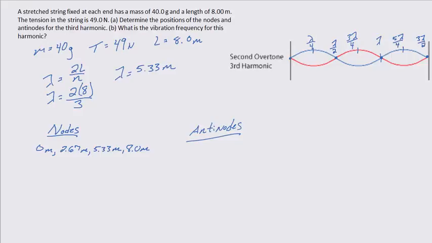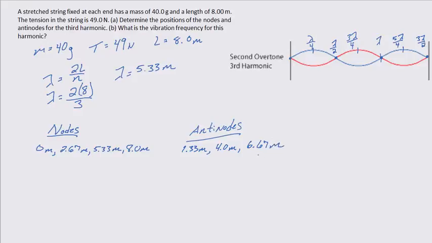So our first antinode, our wavelength divided by 4, gives a position of 1.33 meters. Our second antinode, 3/4 of our wavelength, gives a position of 4.0 meters, while our third and last antinode is 5/4 of a wavelength, which gives us a value of 6.67 meters.